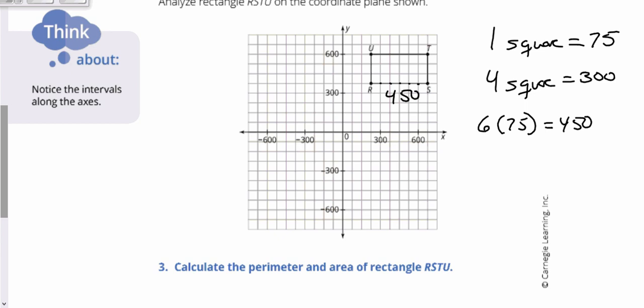Then same thing going up here, we have 1, 2, 3, so 3 squares, but each square is 75 units, so we take 3, multiply it by 75, and we get 225 units.